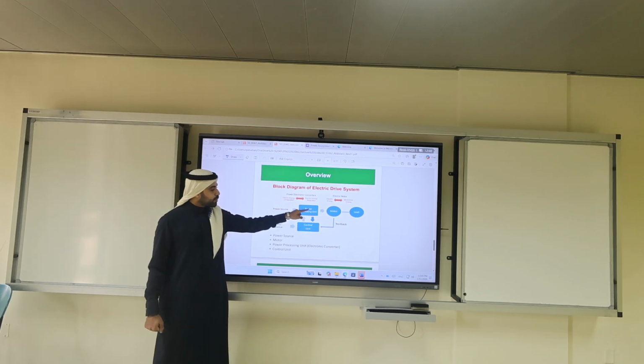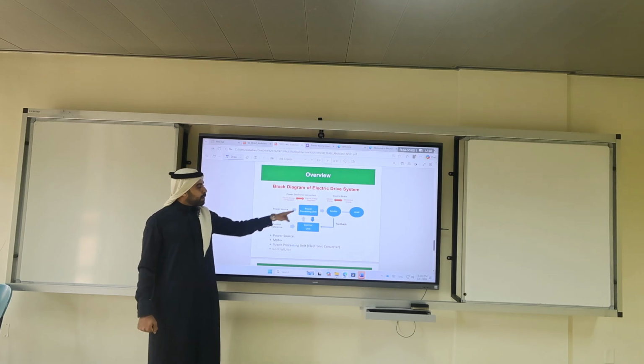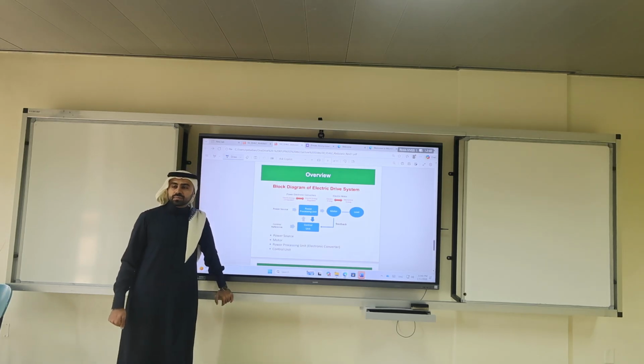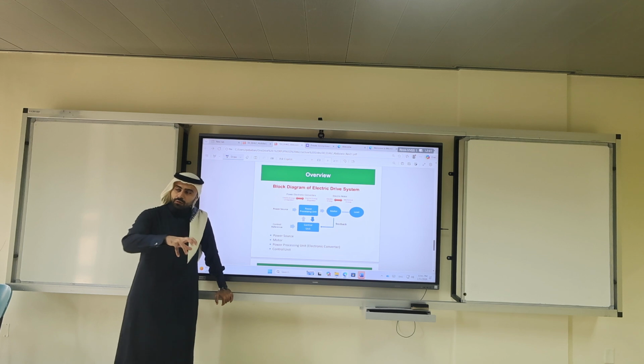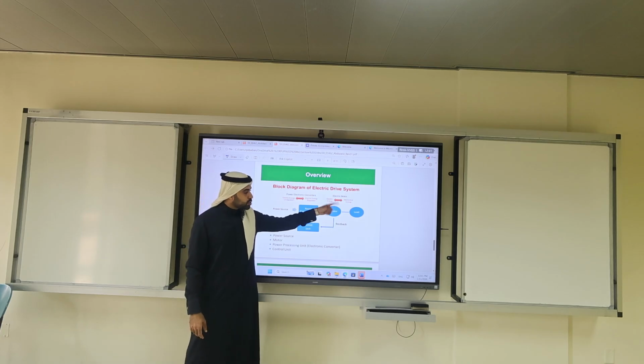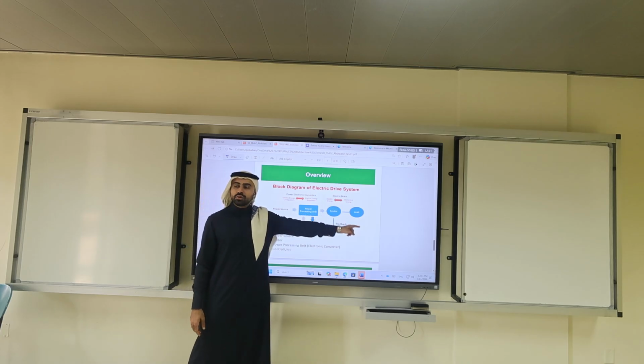And then there is a power processing unit. This power processing unit, for example, is connected to the controller so that it supplies the machine with suitable voltage, suitable current, suitable frequency in order for the motor to operate and run the load.